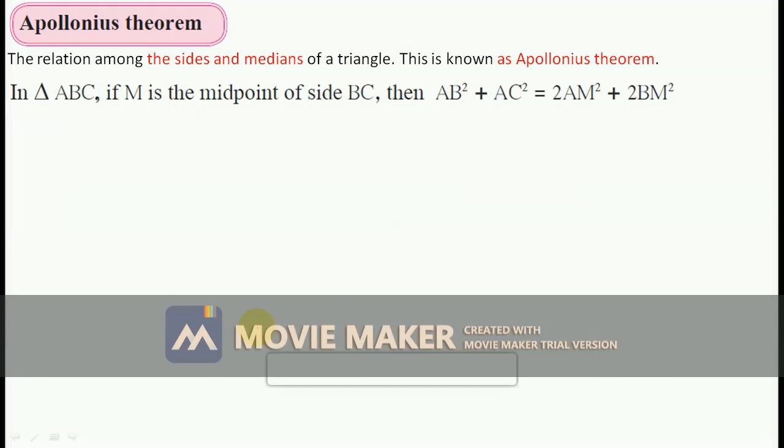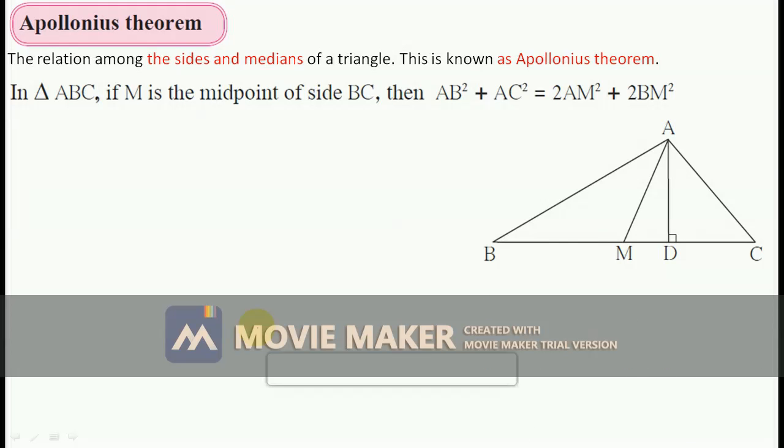In a triangle ABC, if M is the midpoint of side BC, then we have to prove that AB square plus AC square equal to 2AM square plus 2BM square. Here we have given our triangle ABC in which M is the midpoint and AD is perpendicular on BC.